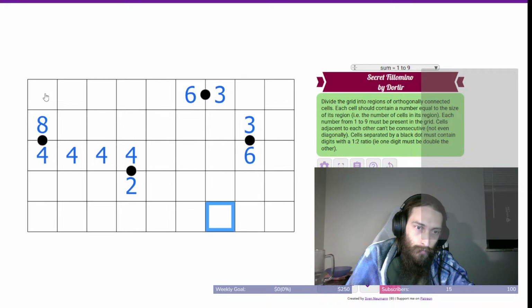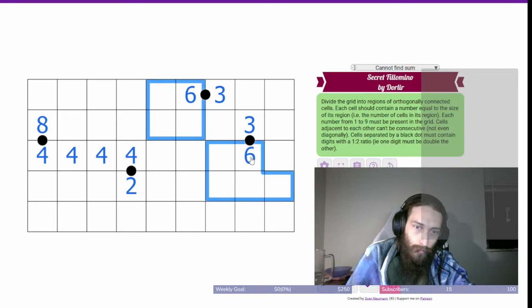I think 7's going to have to go under the 4, otherwise it's going to end up touching 6 or 8. Yeah, because 8 would fill like that region. And then 6 means that you can't put 7 in there.